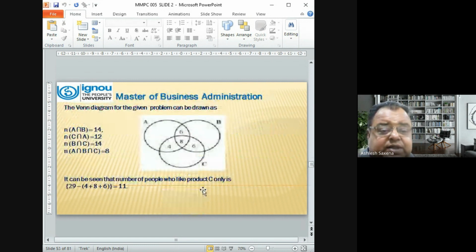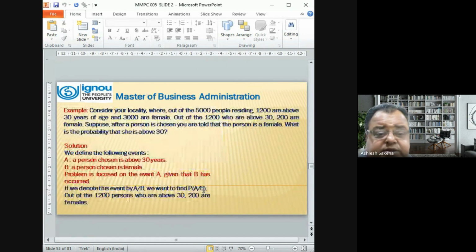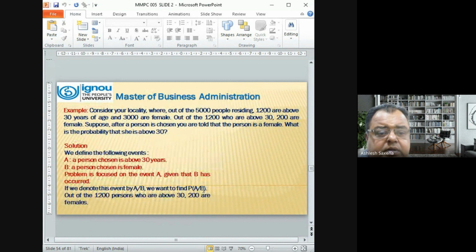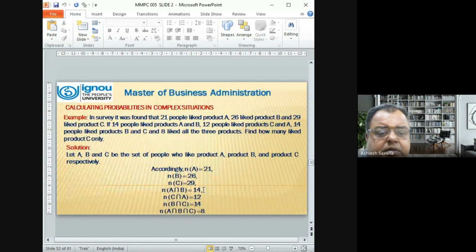I have three circles drawn in it. Now see very carefully what has happened. A intersection B is 14. And you can see in this problem that A intersection B intersection C is 3.